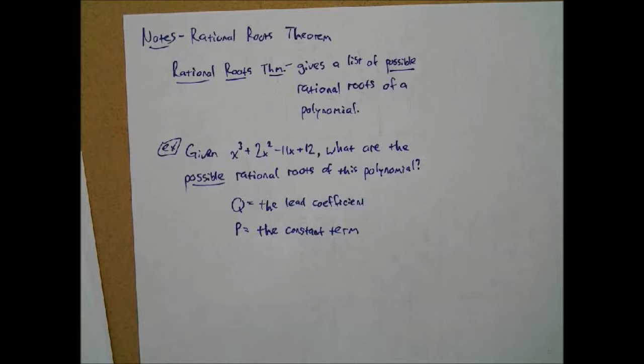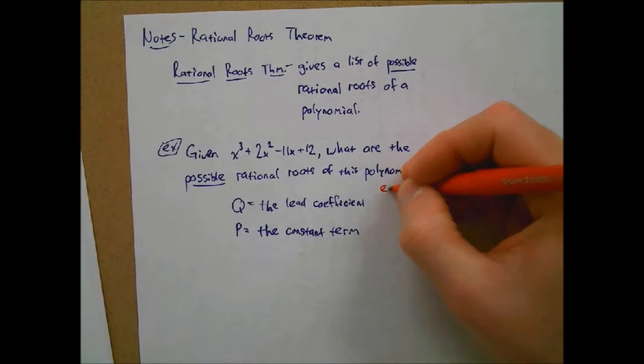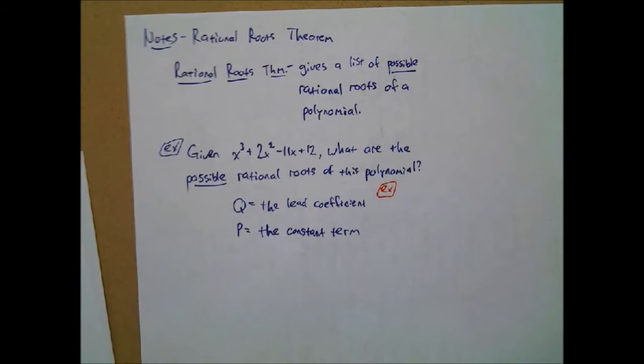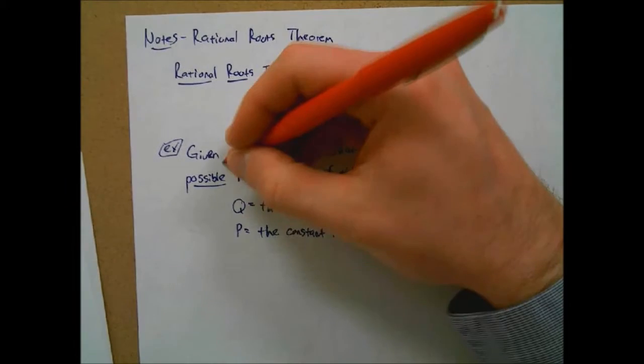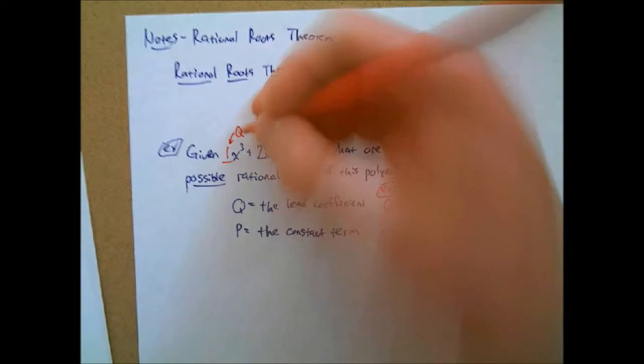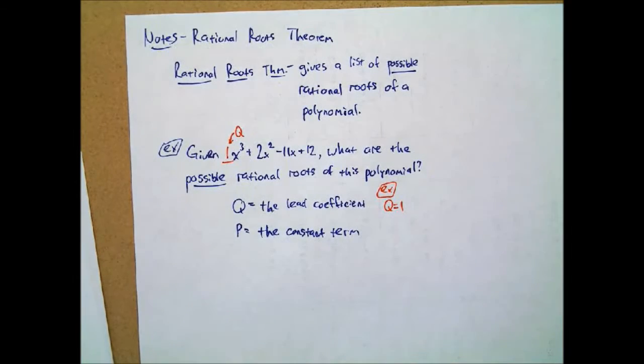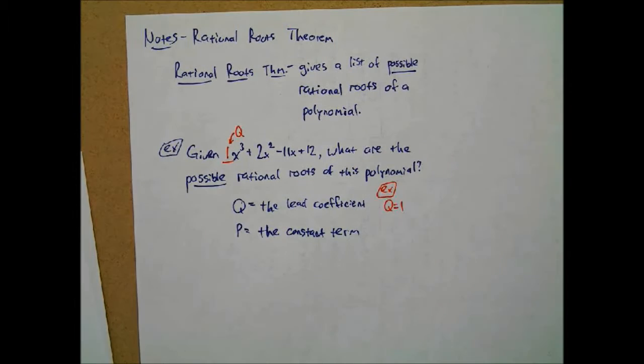So for this particular example, q is what value? What's our lead coefficient here? 1. So q is 1 in our example, right there. What is p in our current example? 12.